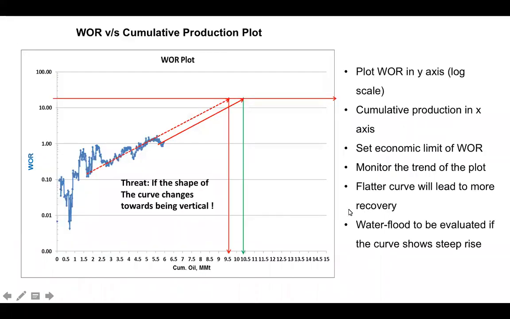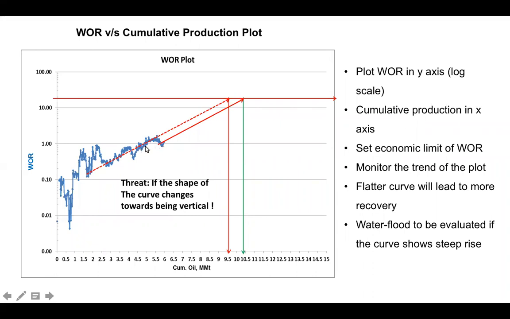Okay, another interesting plot. This is a WOR versus cumulative oil plot. So water oil ratio is plotted in the y-axis and the cumulative oil produced in the x-axis. Now the plot will have an increasing slope, but it will be gradual.